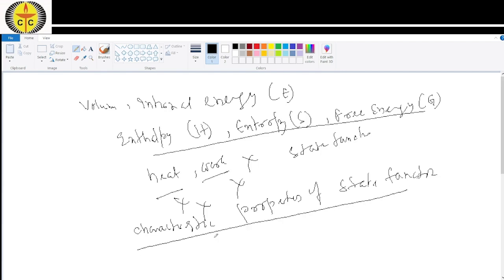What are the properties? Number one, the value of a state function depends only on its initial and final value.